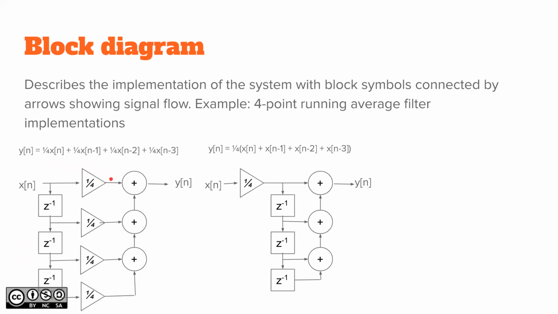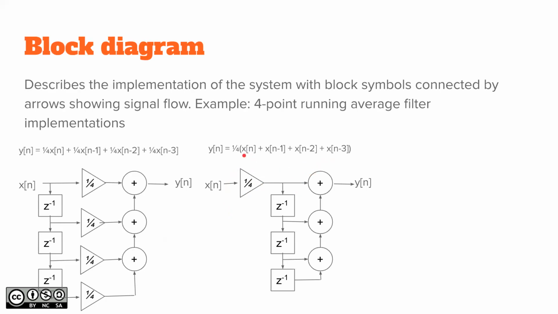You know already that in microcontrollers, multiplication is a slower operation than addition. So instead, this would be better since it has only 1 multiplication. This is something you would probably do in any case when you are doing the coding.